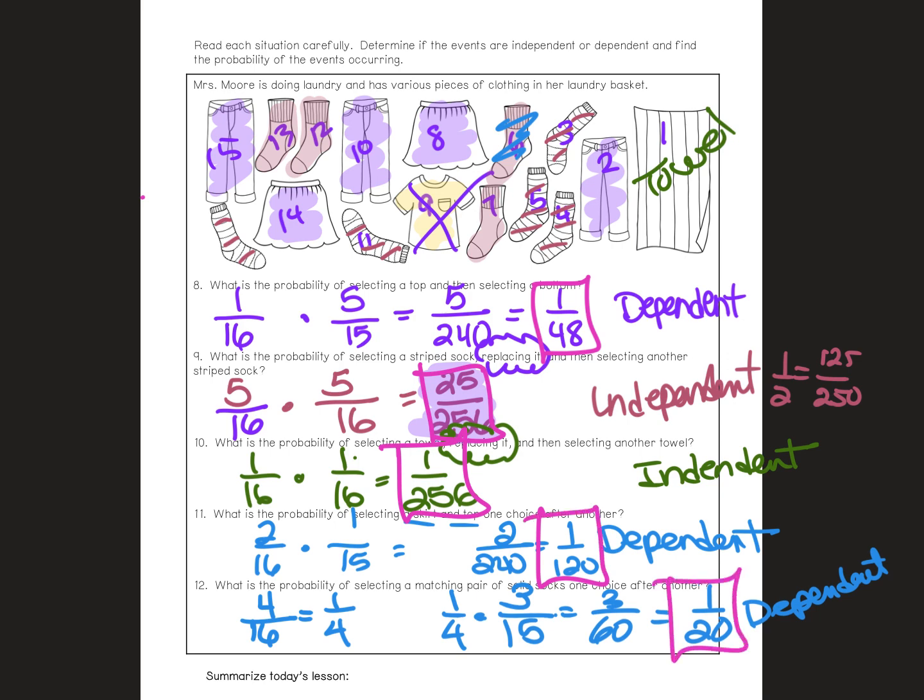Well, which fraction is the largest? I think it's this last one. Who would have thought picking out a matching pair of solid socks was most likely to happen? Go figure. Go ahead and ask if you have any questions. Otherwise, move on to the practice assignment.